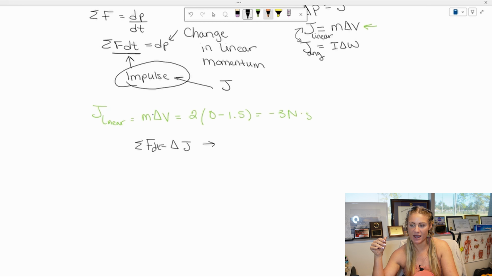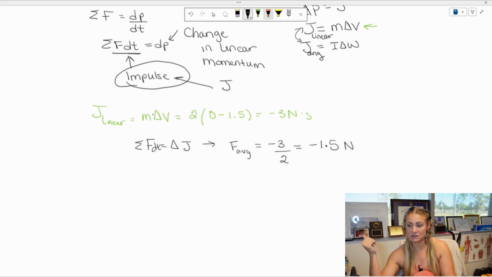If I rearrange this equation a little bit, I can say that the average force in this case is equal to -3 divided by the change in time. It started from rest and it wants to go to 2 seconds. So the average force to stop this is 1.5 newtons.